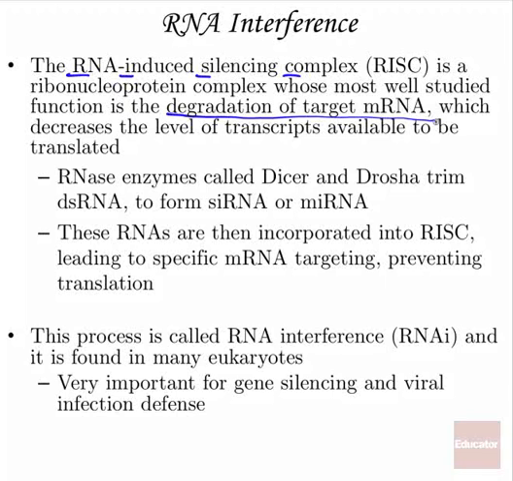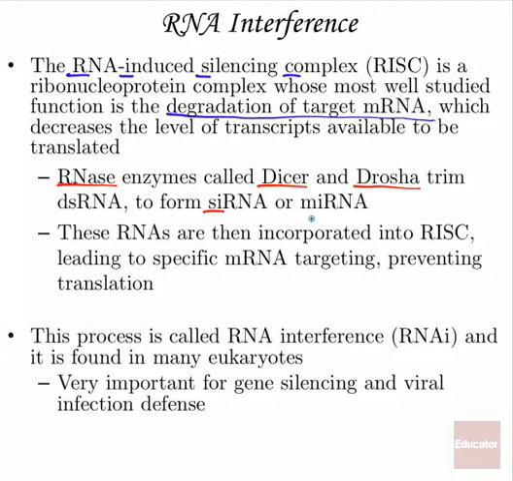Right? So we have very important players. We have RNase enzymes. So an RNase is an enzyme that breaks down RNA molecules. So these RNase enzymes called Dicer and Drosha trim double-stranded RNA to form either small interfering RNA, siRNA, or microRNA, miRNA.